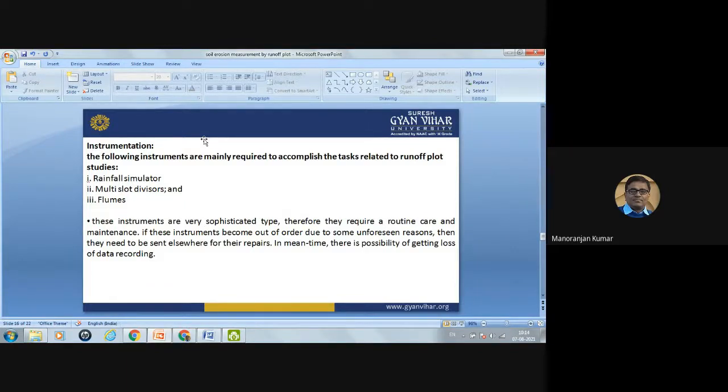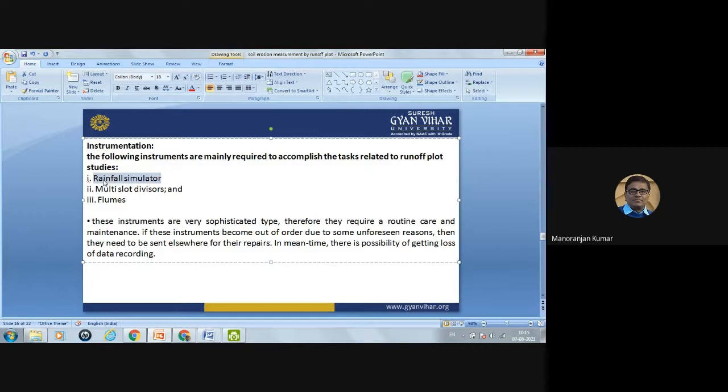By the use of a device called a rainfall simulator. The rainfall simulator is situated above the runoff plot, and from it there will be rain on that plot, and due to this rain, soil erosion will take place from that runoff plot.